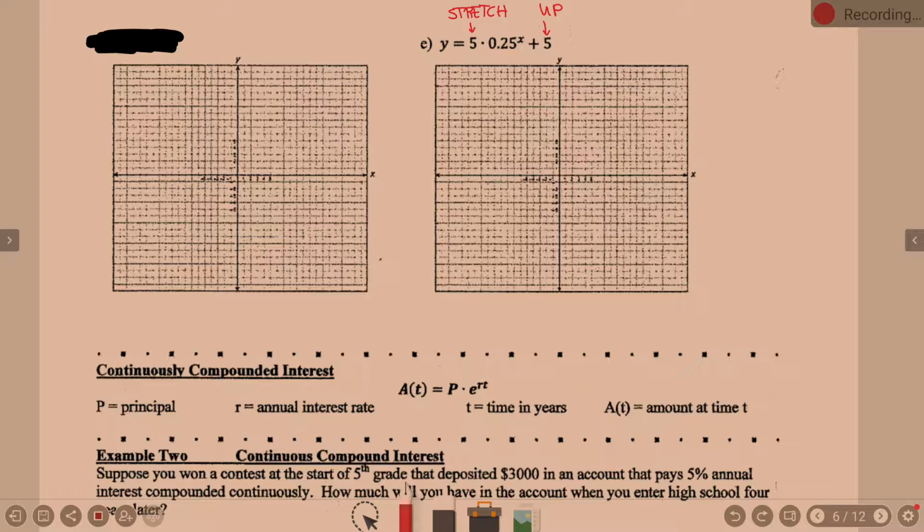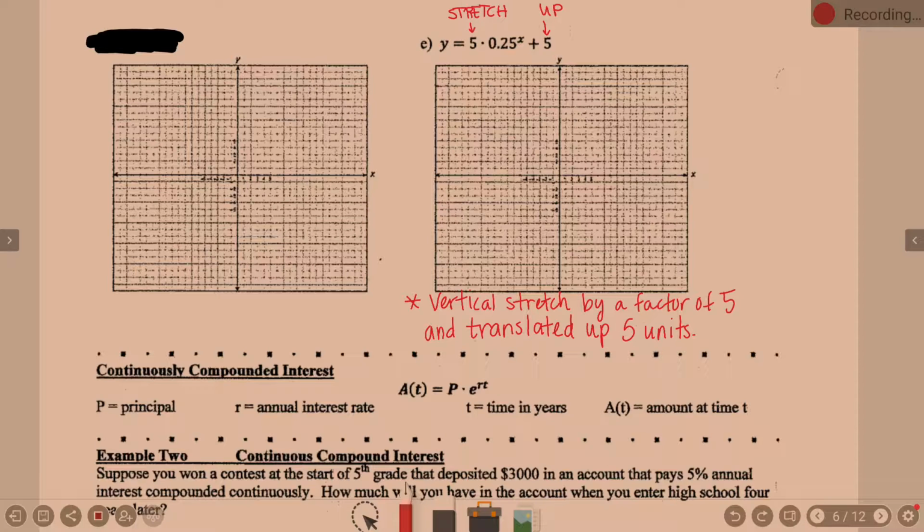Okay. So if you're writing out your transformations, which you need to be in the habit of knowing what they are, vertical stretch by a factor of 5 and translated up 5 units.